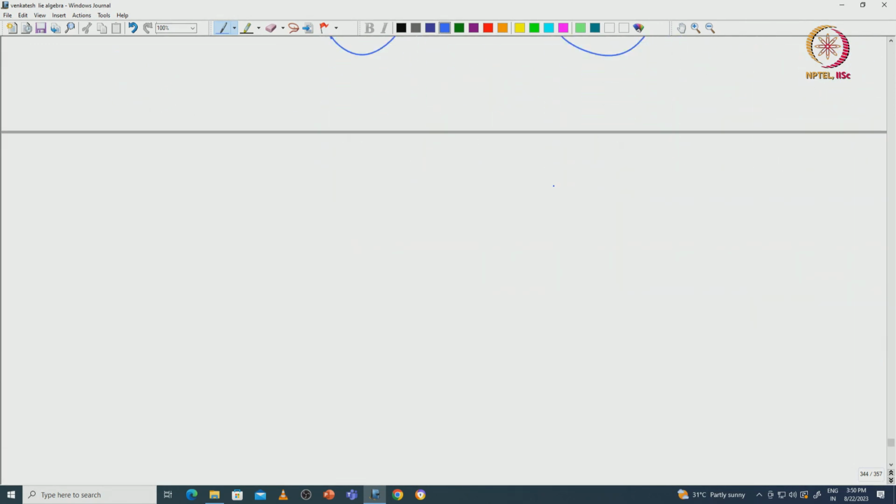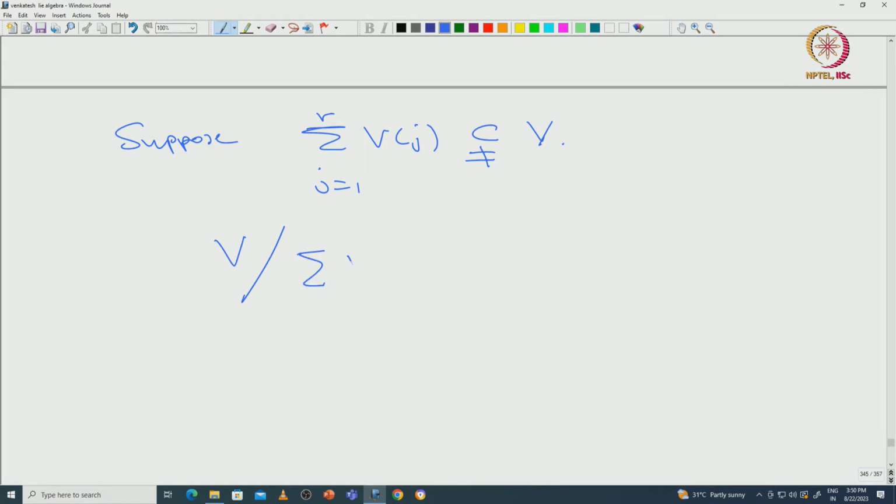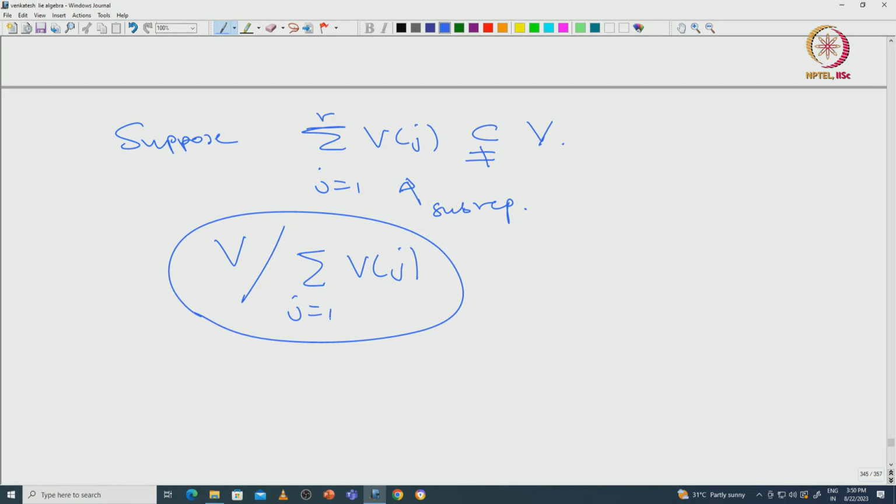So, that is what we are claiming. First thing to note, this actually exhausts the entire thing. Suppose the summation of V_j, j ranging from 1 to r, is a proper subspace. Then we can consider this submodule, which is going to be a sub-representation, and then this is going to be your factor module.